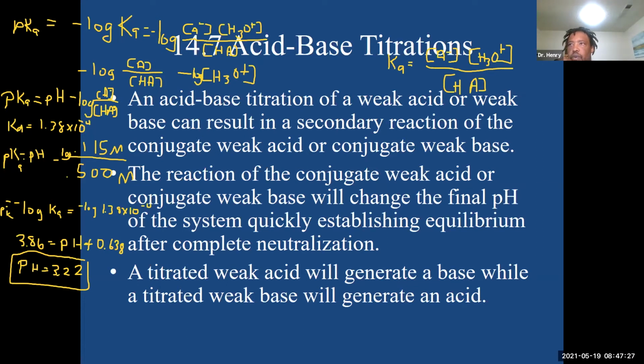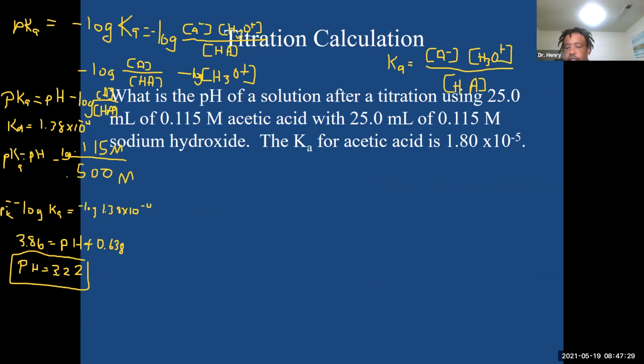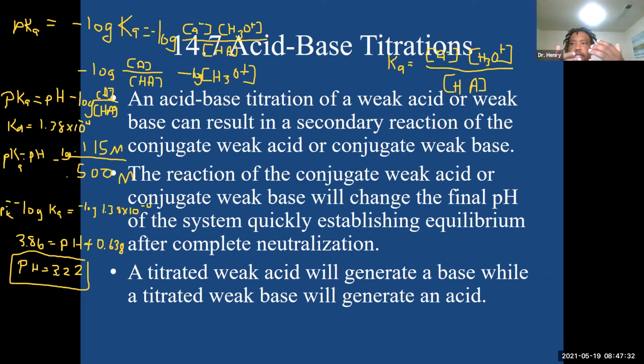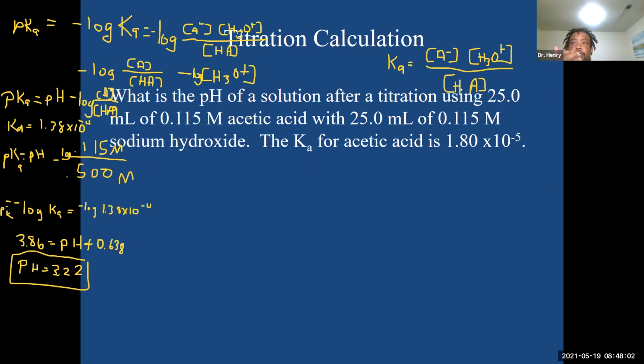Okay, so the concept of titration is finding that equivalence point for your acids. Basically, you're going to end up with a pH where you get neutralization. This takes into consideration both your acid and your base to work out the problems.